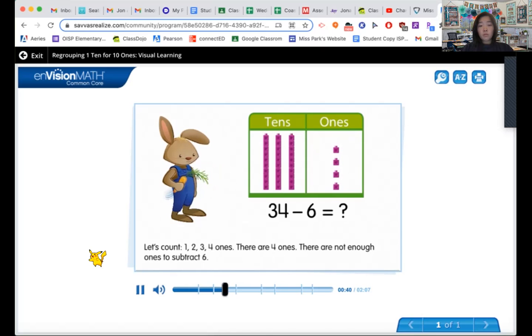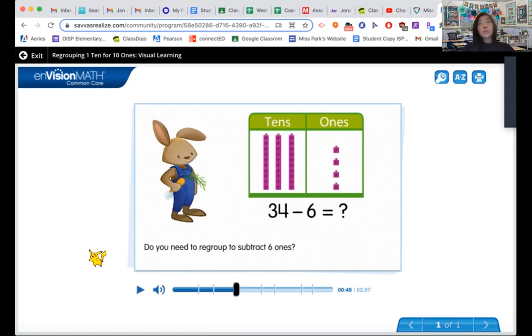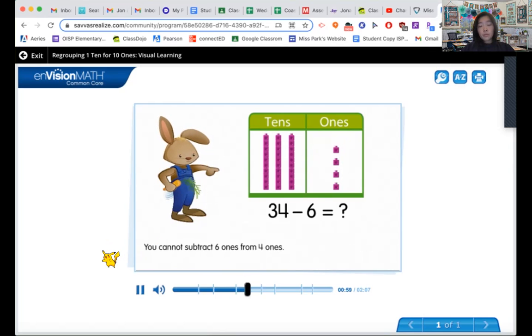There are 4 ones. There are not enough ones to subtract 6. Do you need to regroup to subtract 6 ones? Yes, you need to regroup. How do you know? You cannot subtract 6 ones from 4 ones.